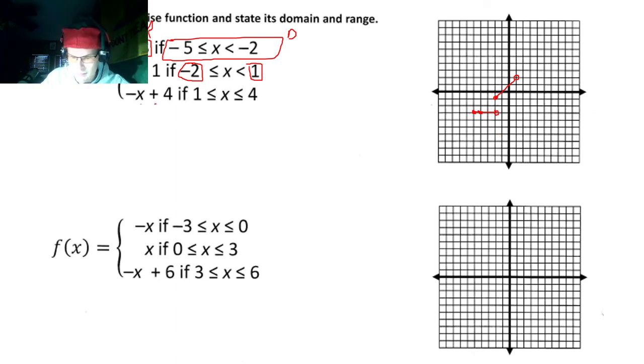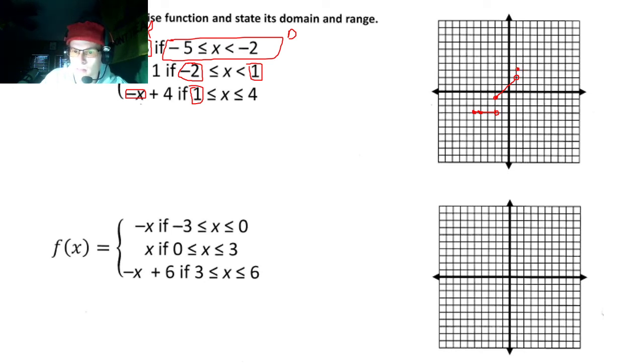And then lastly, -x plus 4 if 1 is less than or equal to x is less than or equal to 4. So if x equals 1, let's substitute 1 in for our x here. So -1 plus 4 gives you 3. So that means we start right up here.